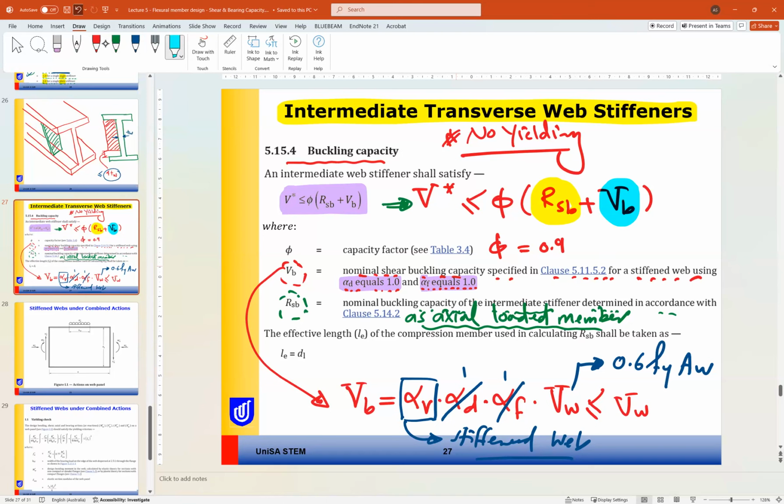What does this mean? This means that we have a combination of bearing and shear. So the intermediate transverse web stiffener is designed to resist both bearing and shear, and so the capacity of this member will be a contribution or a combination of the shear and bearing capacity.